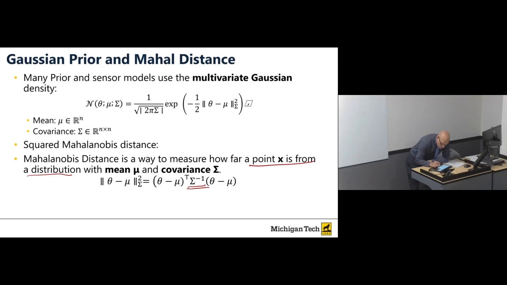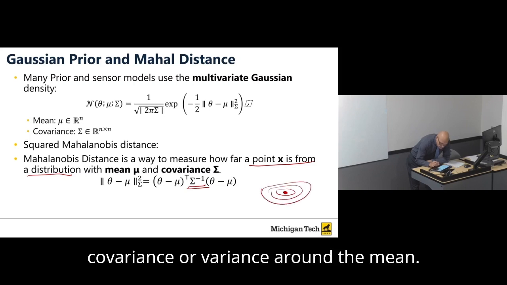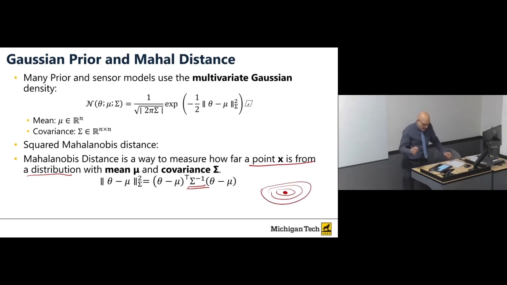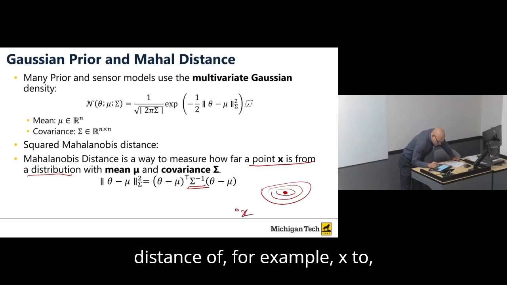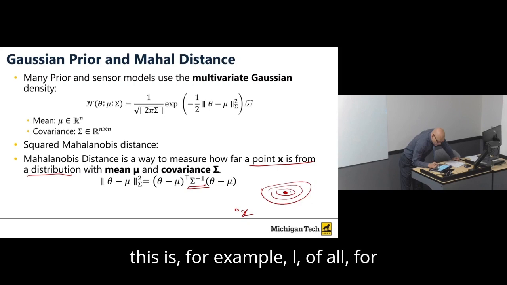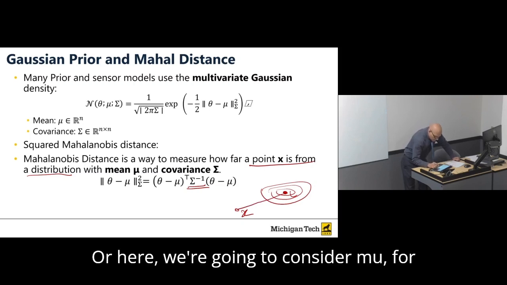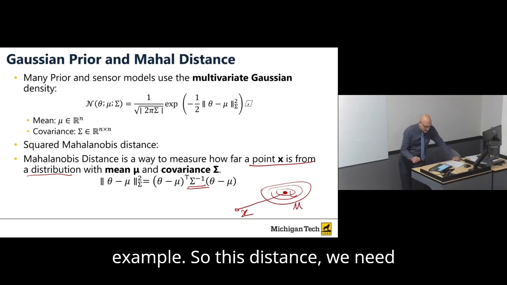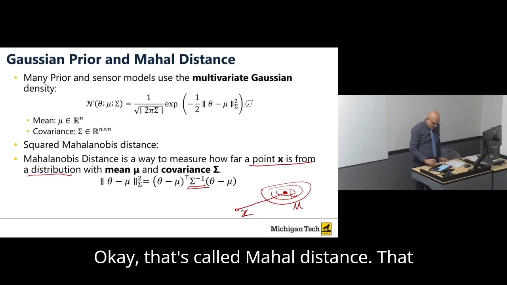Normally, the mean is a point, but a distribution shows the covariance or variance around the mean. And we want to find that distance of, for example, x to, say, L, a wall. You want to find this distance. Or here, let's consider it mu. So for this distance, we need to consider covariance. That's called Mahal distance.